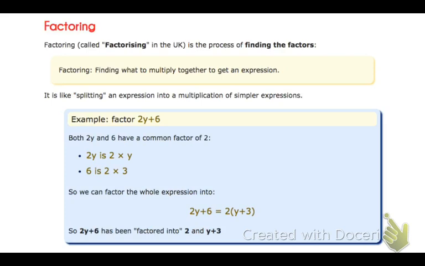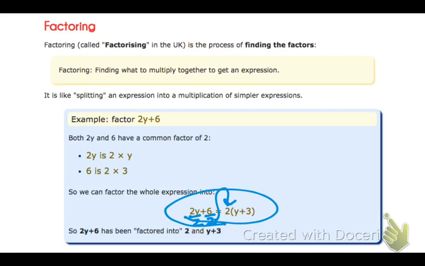So now, factoring, called factorizing in the UK, we're not in the UK, but that's okay, is the process of finding factors. And like I just said, they're just two things that multiply together. And you can factor out greatest common factors. So like if we look down here, and I'll do some examples of this, but 2y plus 6, we can see that 2 goes into both of those. So we just pull that out, and we're left with 2 and y plus 3.